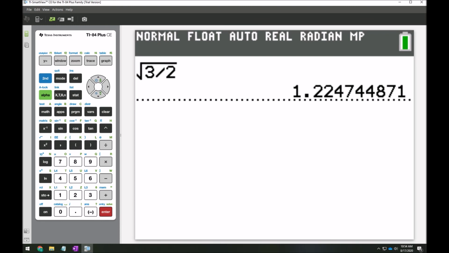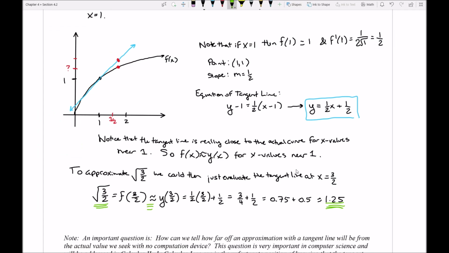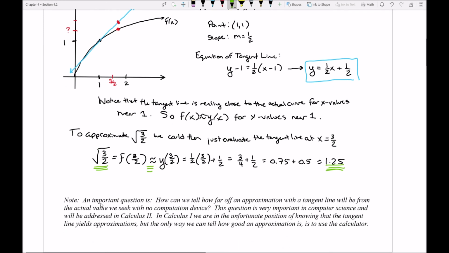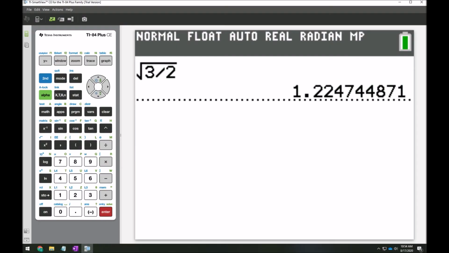So that's pretty interesting. Now, one of the questions that we're going to ultimately have, as I state down here, is how can we tell how far off our approximation is going to be? If I get 1.25 and I don't know what the right answer is, how do I know if this is any good? How do I know if it's close or not close? Especially if I don't check a calculator to see what the real answer is.